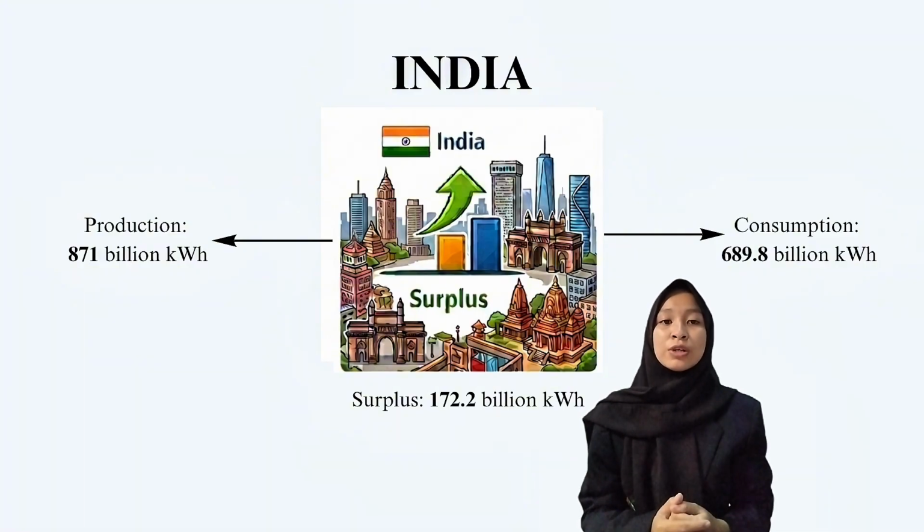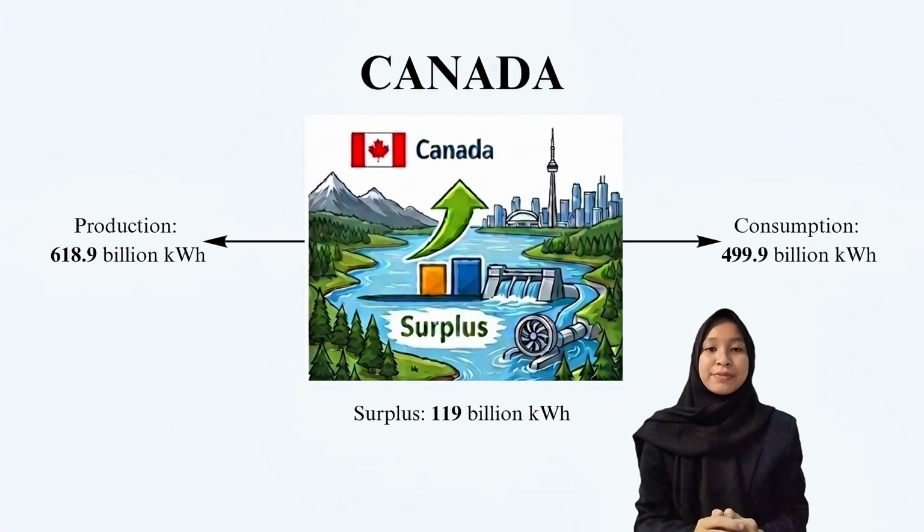Additionally, the green upward arrow and plus symbol visually represent positive electricity growth and surplus condition. Therefore, the data indicate that India continues expanding its electricity production capacity to support economic growth and industrial development.